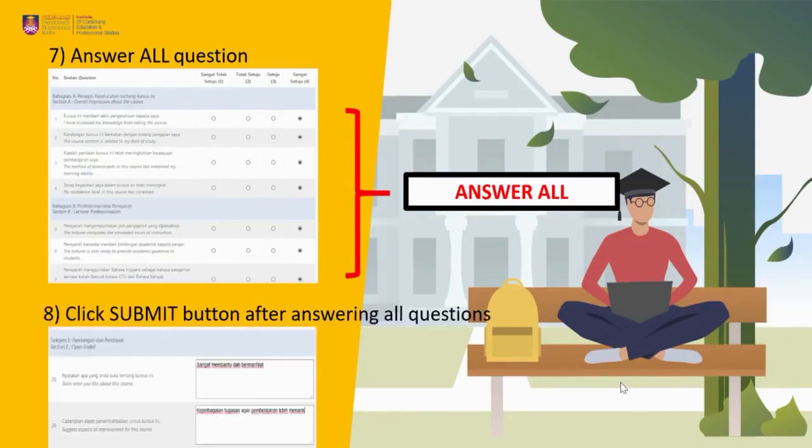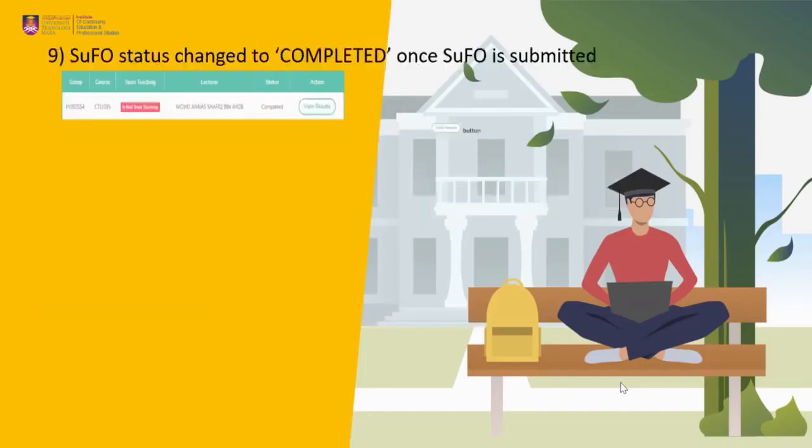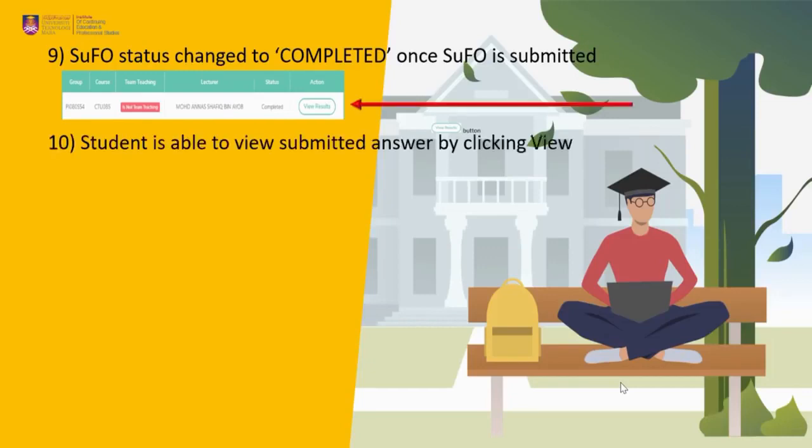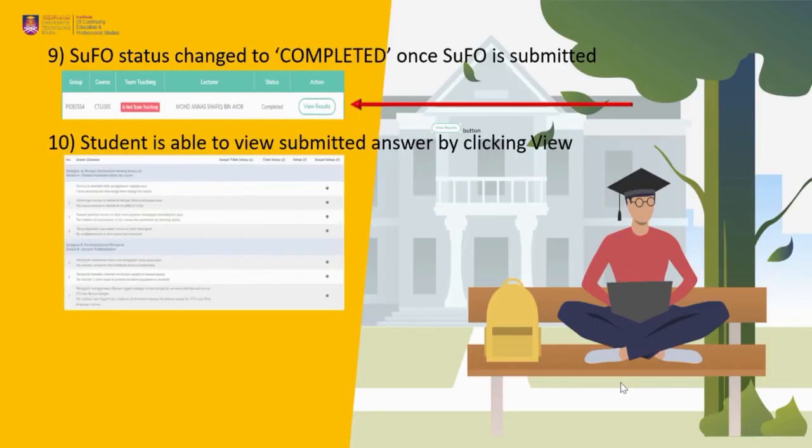Once you finish answering all the questions, don't forget to click the submit button. The SuFO status will change to completed once you have submitted the SuFO. And you will be able to view whatever answers you have submitted by clicking the view button.